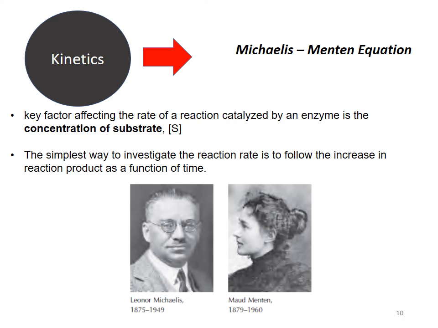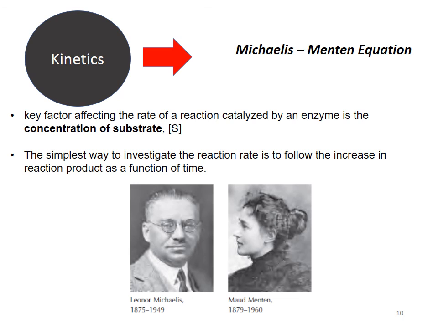They studied the initial rate of the enzyme catalyzed reaction at various concentrations of substrate. They observed that as the substrate concentration was increased while keeping the enzyme concentration constant, the rate first increased rapidly, then slowly, reaching a maximum value.